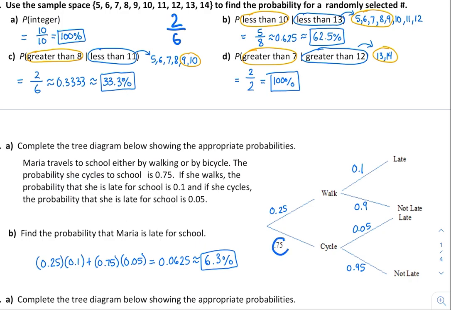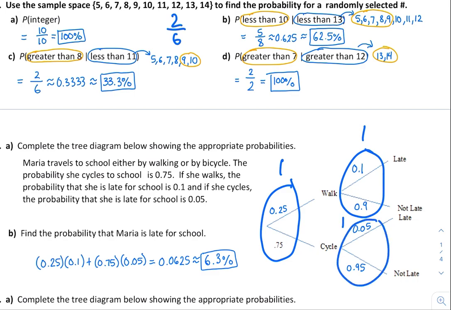So that's right there. She decides to cycle to school, which is 0.75. Well, if that's 0.75, then the probability that she walks is 1 minus 0.75. So you should recognize that each one of these columns in the tree adds up to 1.